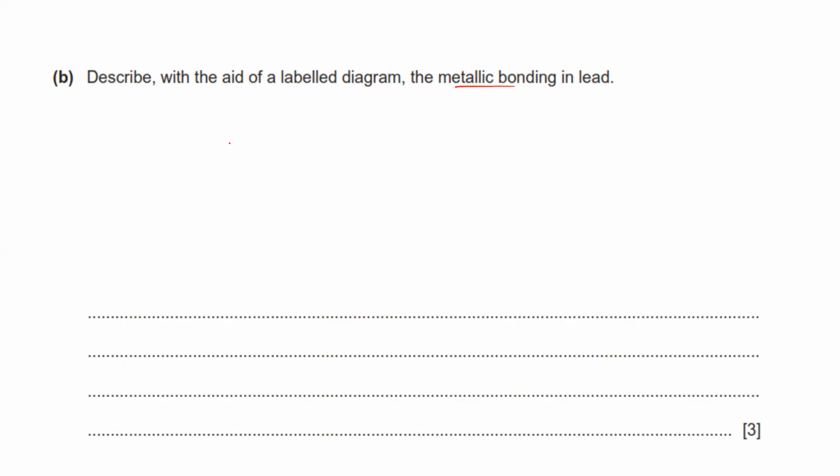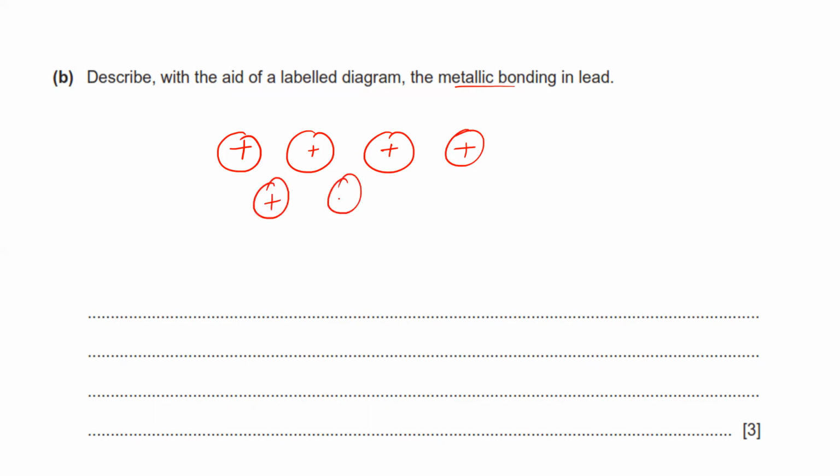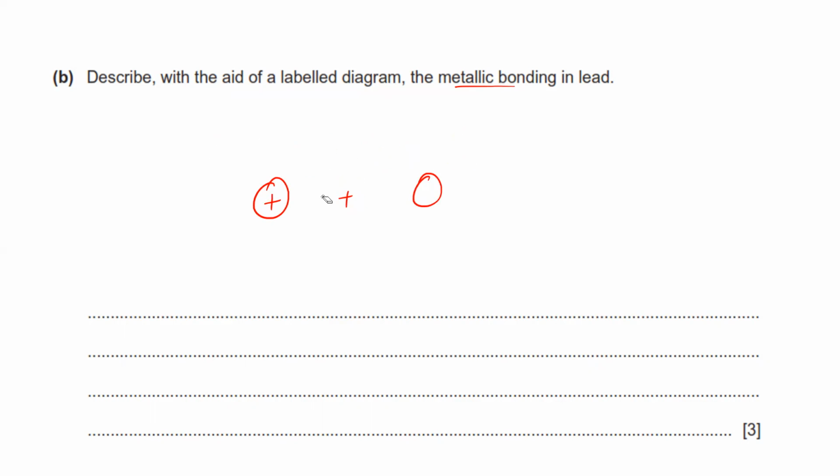So for metallic bonding, remember there is a lattice of positive ions in a sea of electrons. The metal lattice should be drawn in a closely and tightly packed fashion.